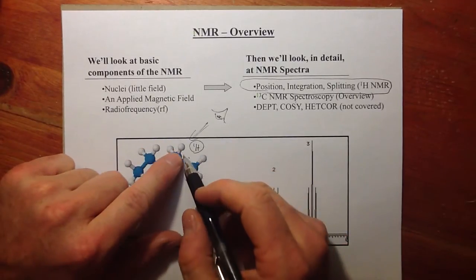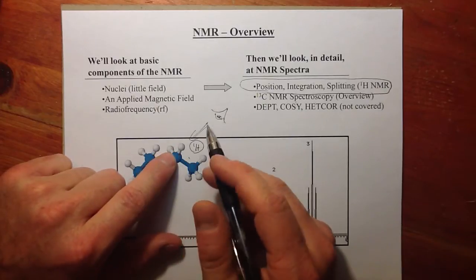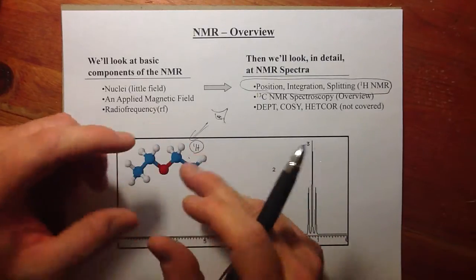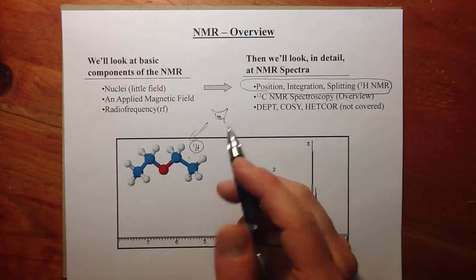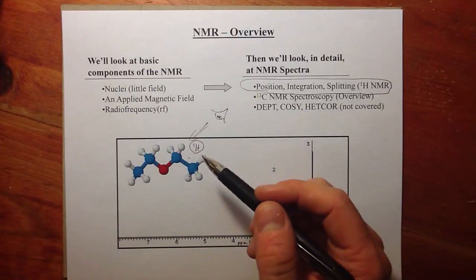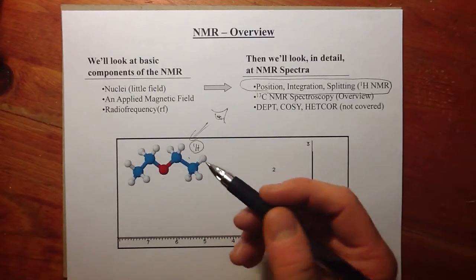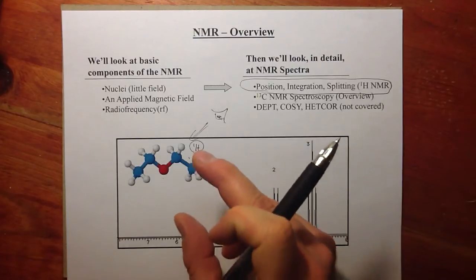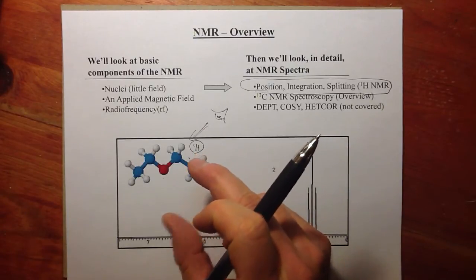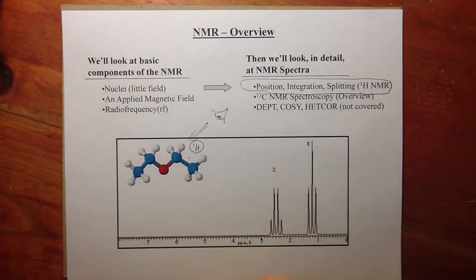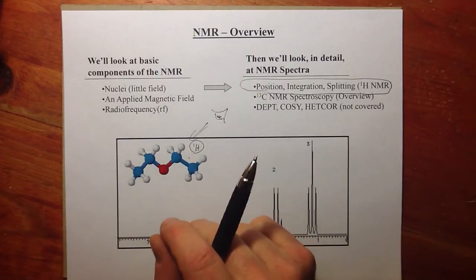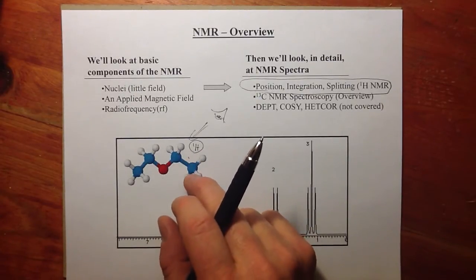So what we're going to look at is protons that, as an atom, have a nucleus, and that nucleus we consider by quantum mechanics to have a spin momentum or a spin tensor or a magnetic moment that we can manipulate, that we can sort of throw things at and make it move so that we can analyze the structure.